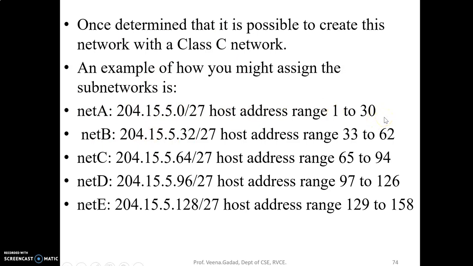Next, 31 will be the broadcast address. 33 to 62 will fall for subnetwork B. 63 will be your broadcast address. 64 becomes your network address. 65 to 94 will be your usable addresses. 95 becomes your broadcast address. 96 becomes the network address. 97 to 126 becomes your IP addresses. 127 becomes broadcast. 128 becomes network address, and finally 129 to 158 becomes the usable IP addresses, right?